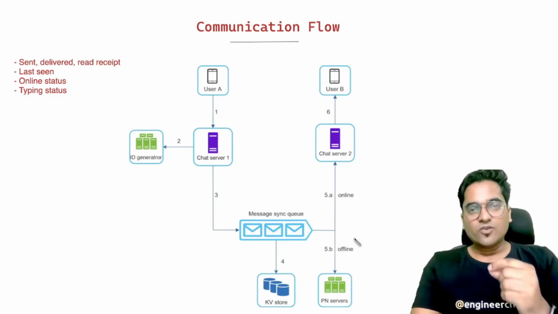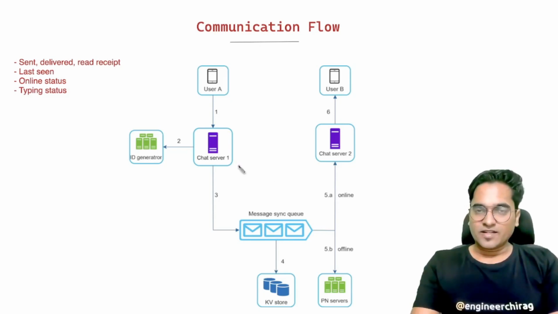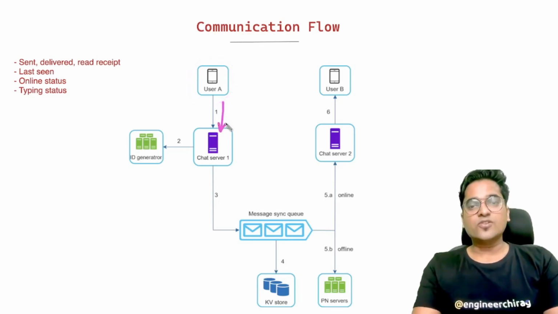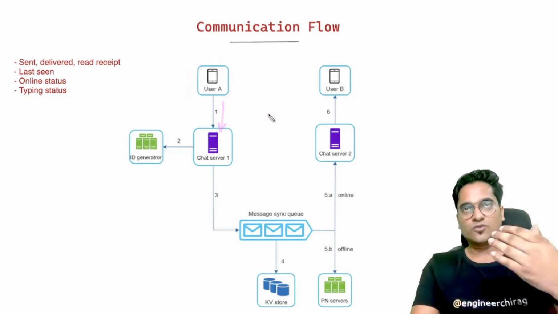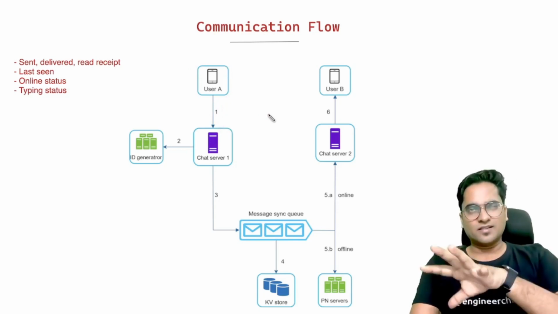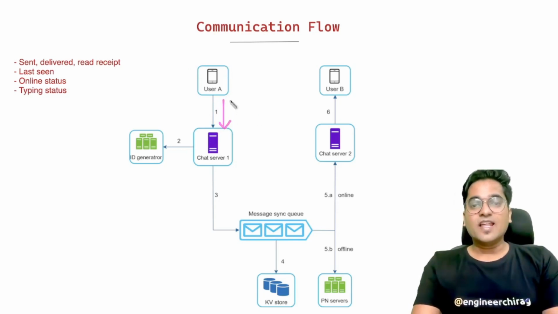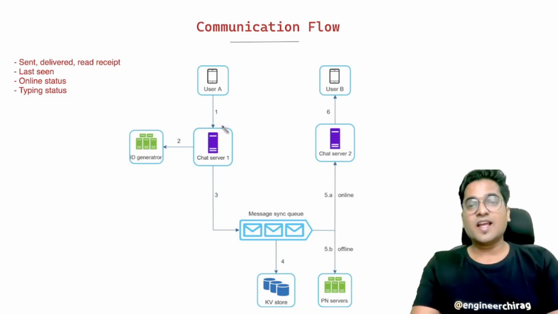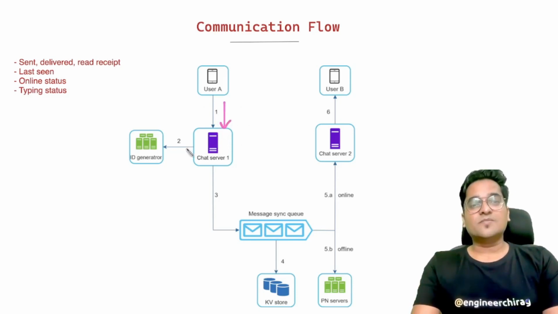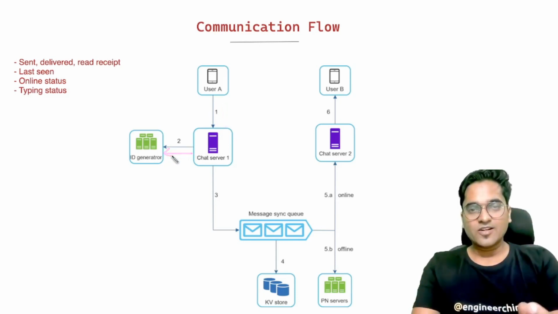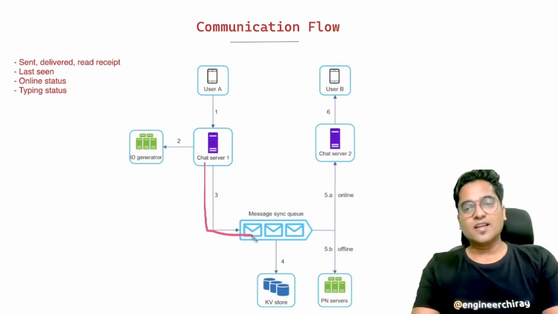Now let's try to understand in more depth what generally happens. Whenever user A sends a message, it goes to some server. It definitely goes through the ELB and so on, but let's say it goes to the chat server. Now you have just sent the message, and it can be in any format. This message gets an ID generator, where a unique identifier is added to it, and it goes through the messaging sync queue.